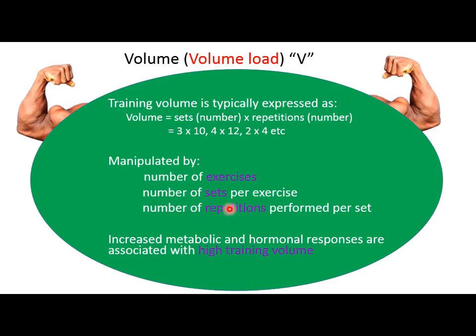So if you increase the number of exercises per workout session, if you increase the number of sets per exercise, if you increase the number of repetitions per set, you're going to increase the training volume. And typically with high training volume comes increased metabolic and hormonal adaptation. So if you're interested in increasing testosterone release or growth hormone release, those hormones, their secretion levels are associated with higher volume training.